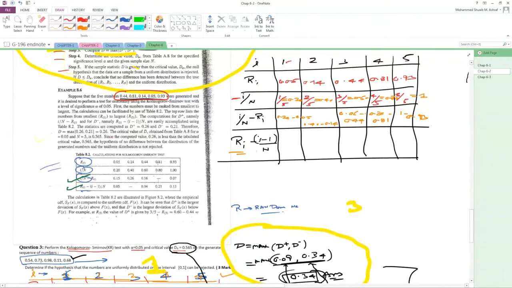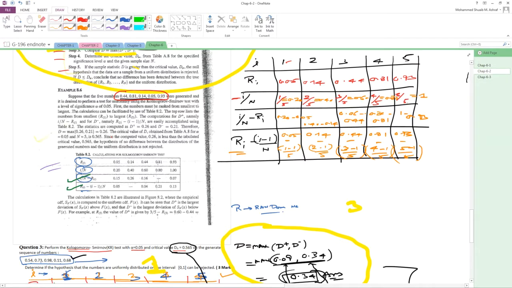Now Ri minus (I minus 1) divided by 5: 0.05 minus (1 minus 1) divided by 5, 0.14 minus (2 minus 1) divided by 5, 0.44 minus (3 minus 1) divided by 5, 0.81 minus (4 minus 1) divided by 5, 0.93 minus (5 minus 1) divided by 5, like this.